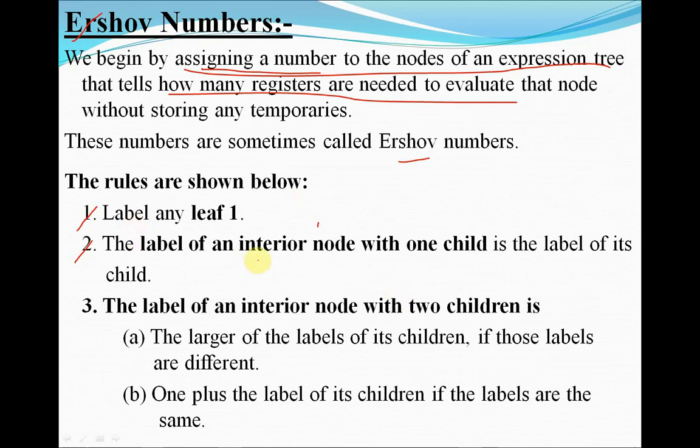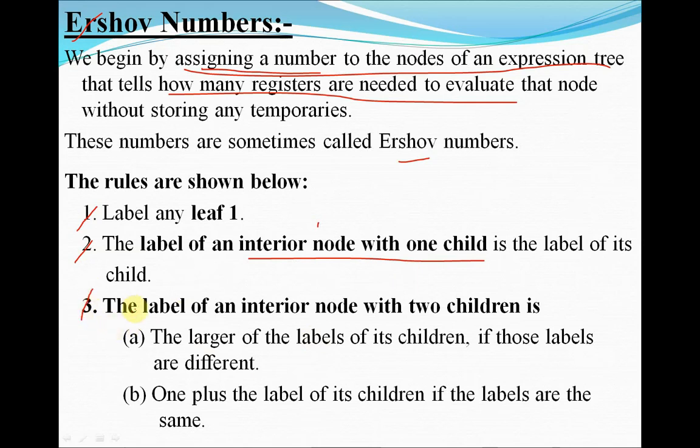The second case says that if the node is an interior node with only one child, then its label is nothing but its child's label. Its child's label will be taken as the label of the interior node.